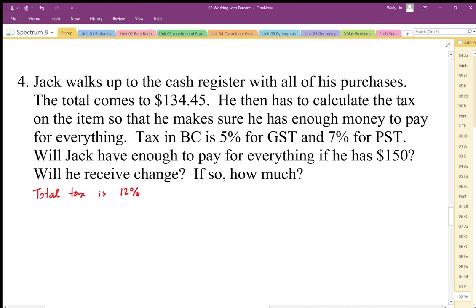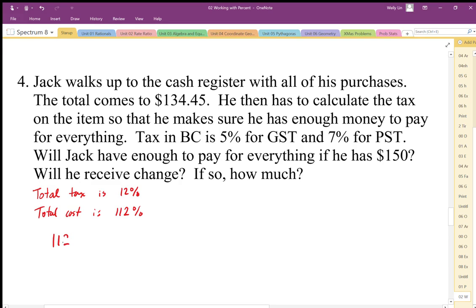So what we can do then is, I want to calculate the total directly. So I'm going to say that the total cost is going to be, and I'm going to do it as a percentage. Instead of calculating 12% and adding on, I'm just going to calculate the total cost directly. And I'm going to do this comparison.